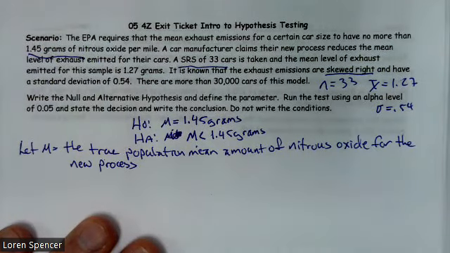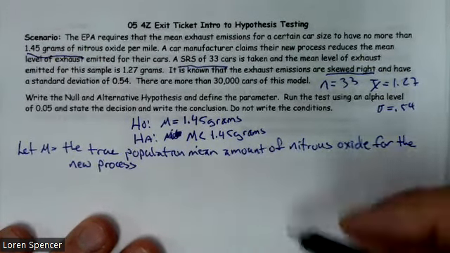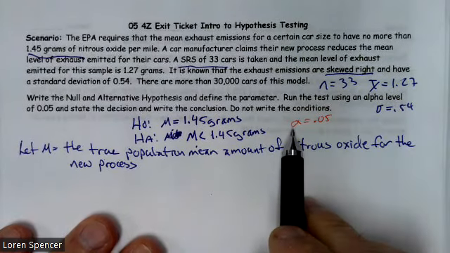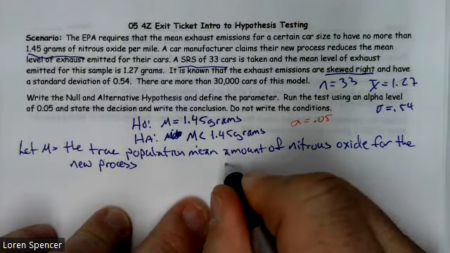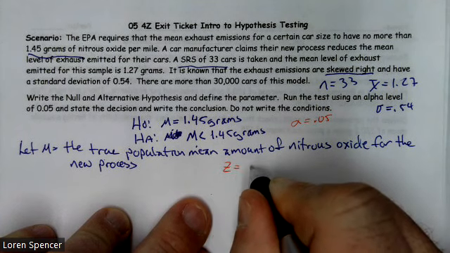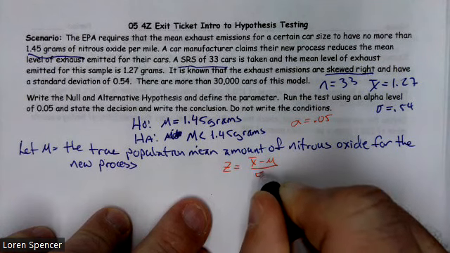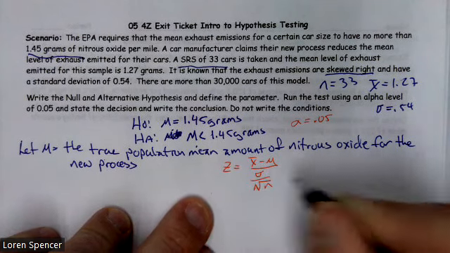All right, that's going to be important. I'm going to note that down. So this is going to be a z-test. So z equals x bar minus mu, over the standard deviation divided by the square root of n.